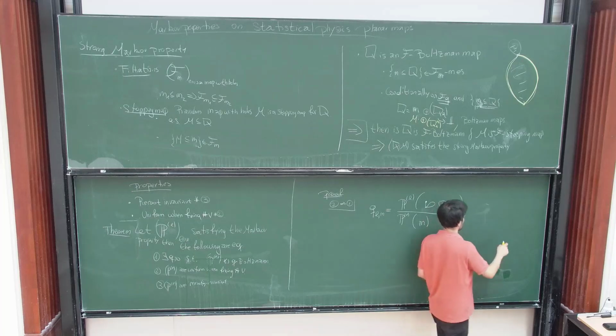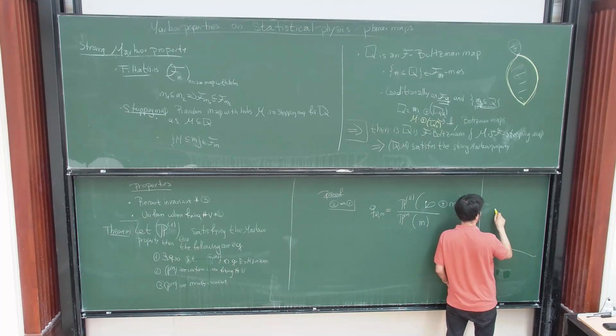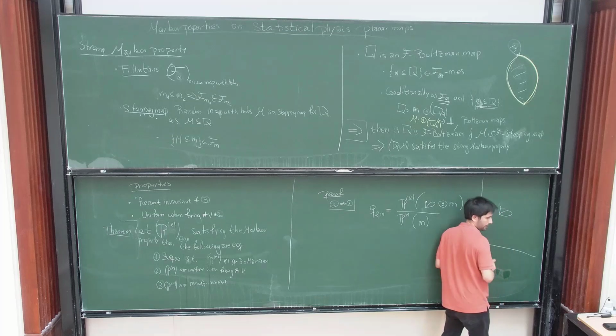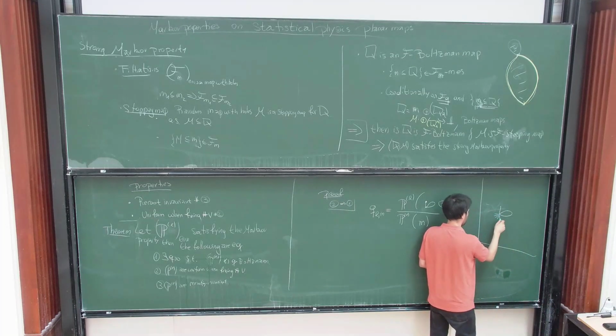So let me do the drawing here. So imagine that, okay, I'm really bad at drawing maps. So here, and then you have here the old map. So your old map was doing something strange here, okay?